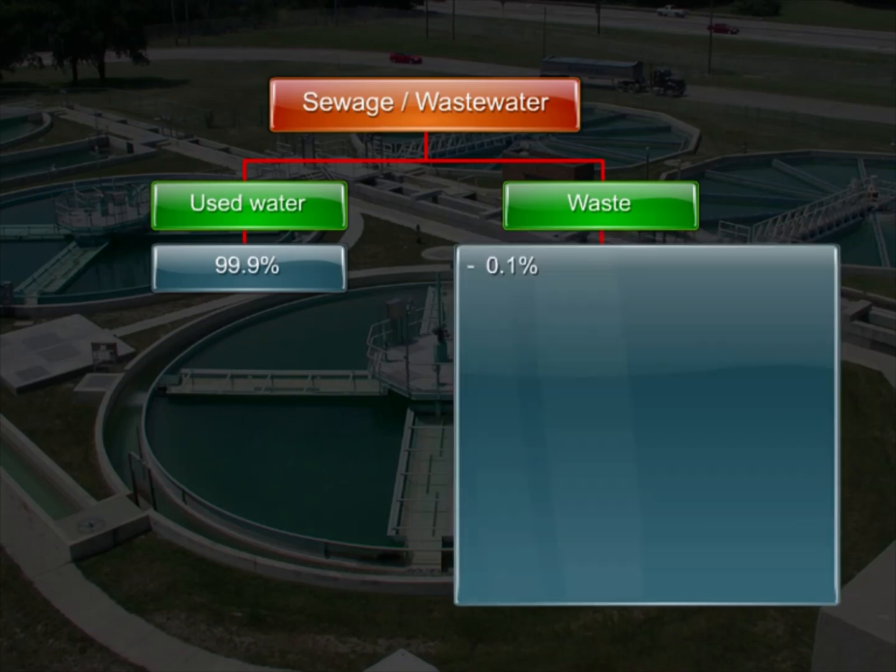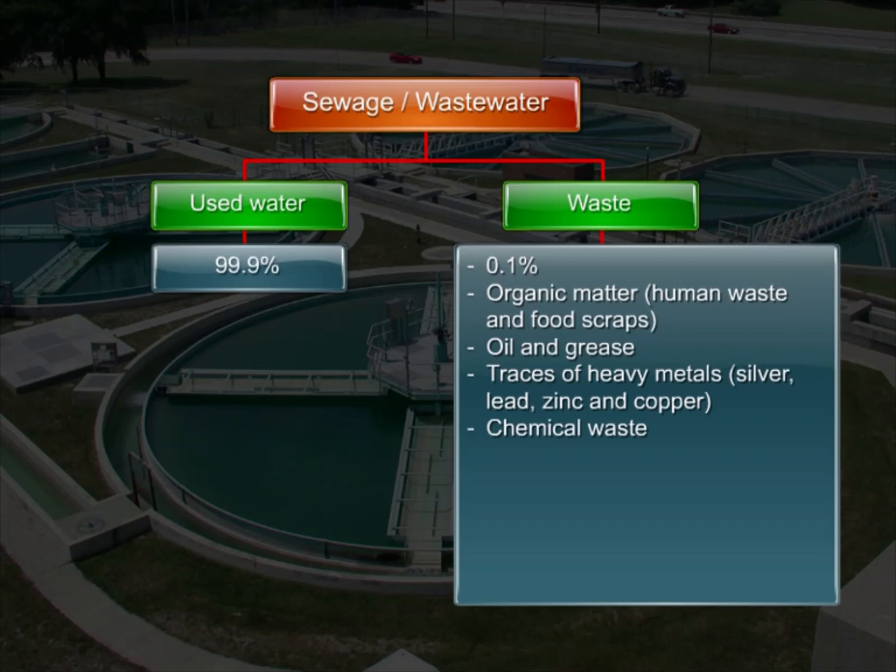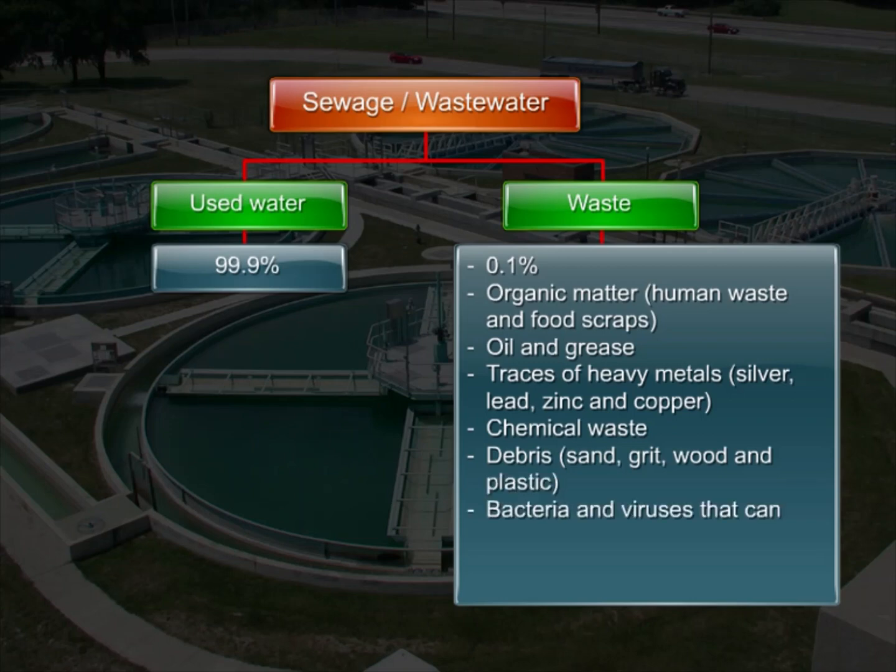The other 0.1% consists of organic waste, such as human waste and food scraps, oil and grease, traces of heavy metals such as silver, lead, zinc, and copper, chemical waste, debris such as sand, grit, wood, and plastic, and bacteria and viruses that can make people fall ill.